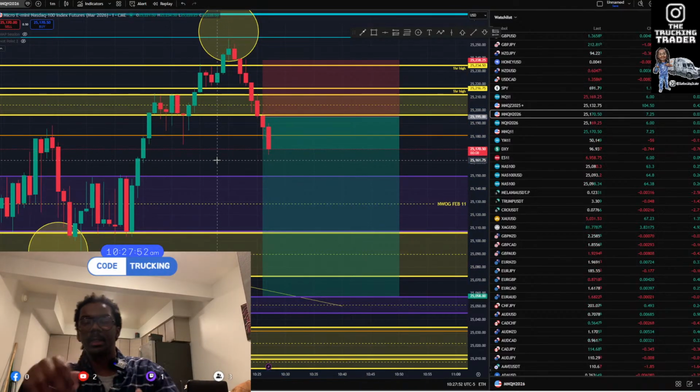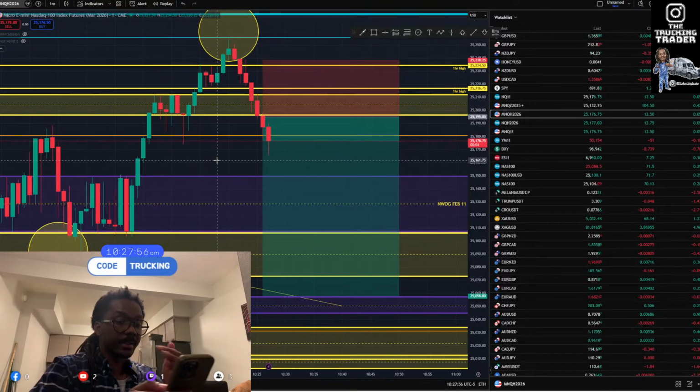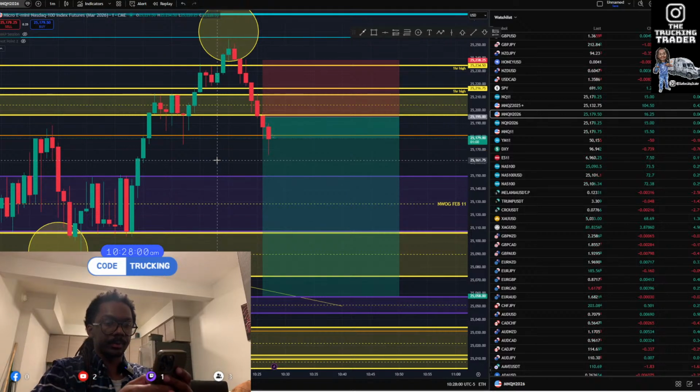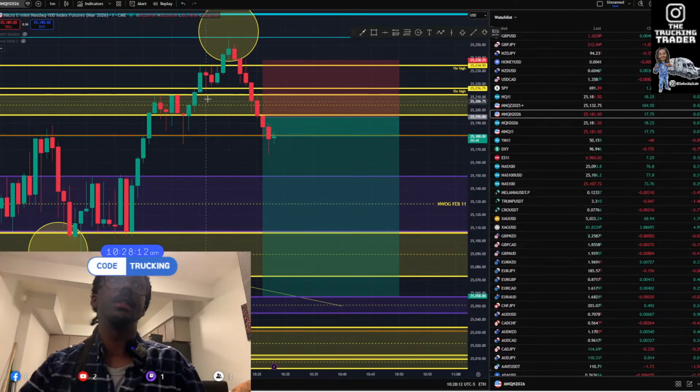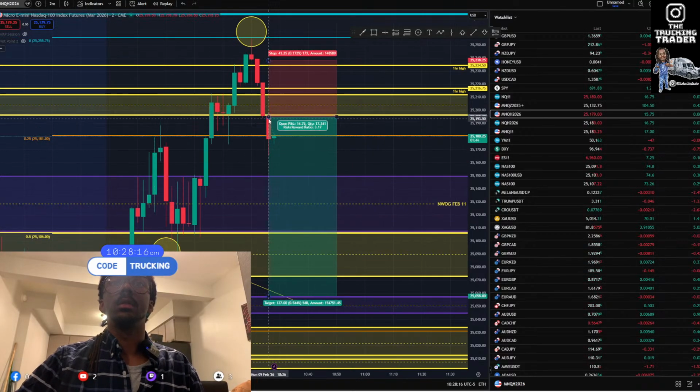So I'm thinking about, if we can get a decent enough pullback, I'm thinking about trying this trade out right here. Looking at the 2 minute time frame. Just want to get a decent enough pullback. All right.